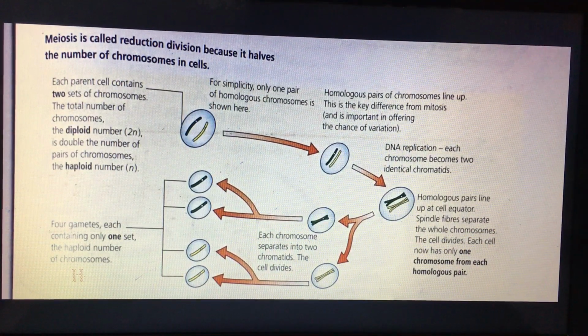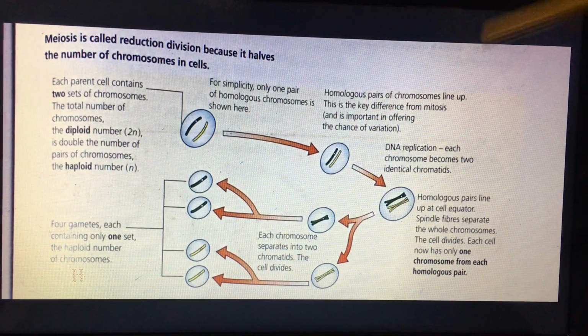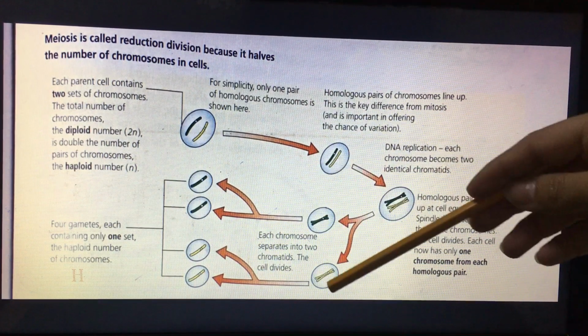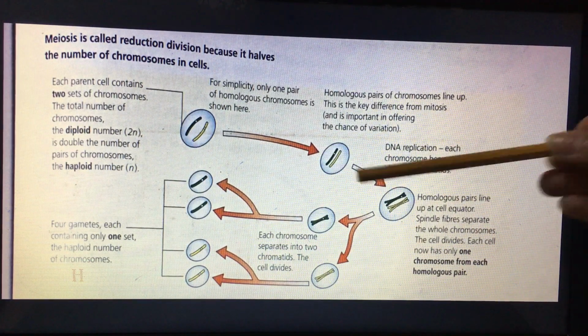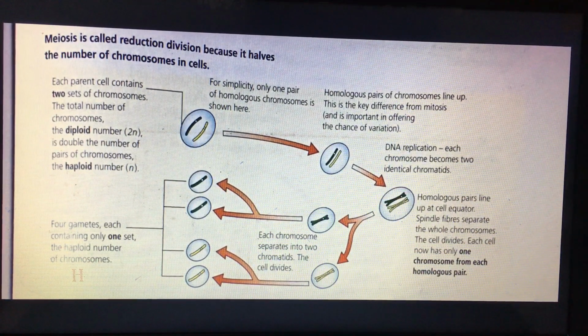Those chromosomes line up. After lining up, they replicate. After replication, the cell membrane divides. But before dividing, the spindle fibers separate the whole chromosomes. Then the cell membrane separates to form two different cells. Each chromosome separates into two chromatids. Here we have this cell divides. Okay?